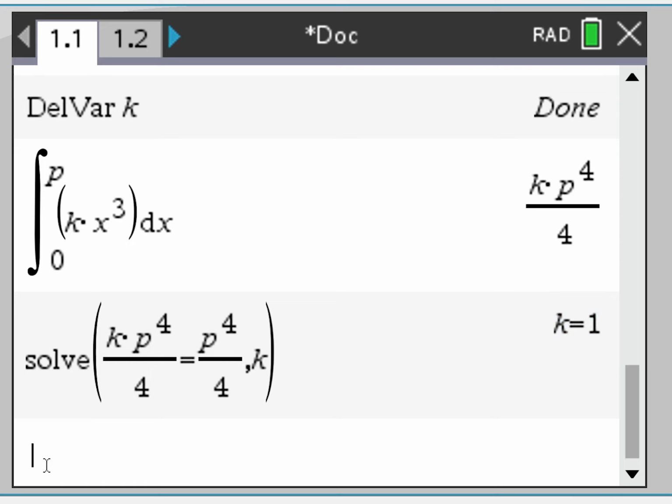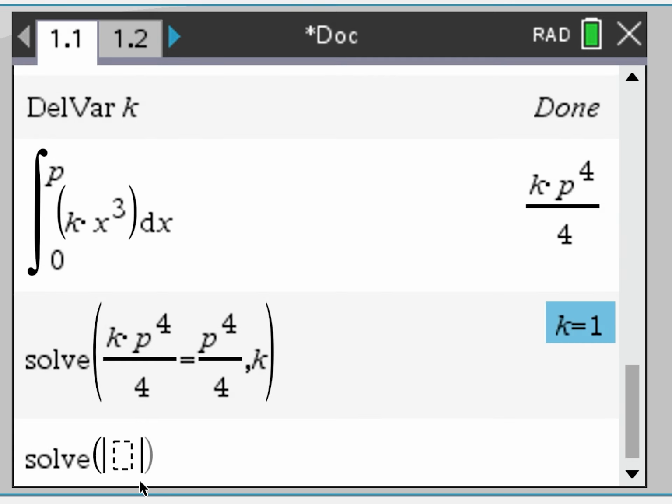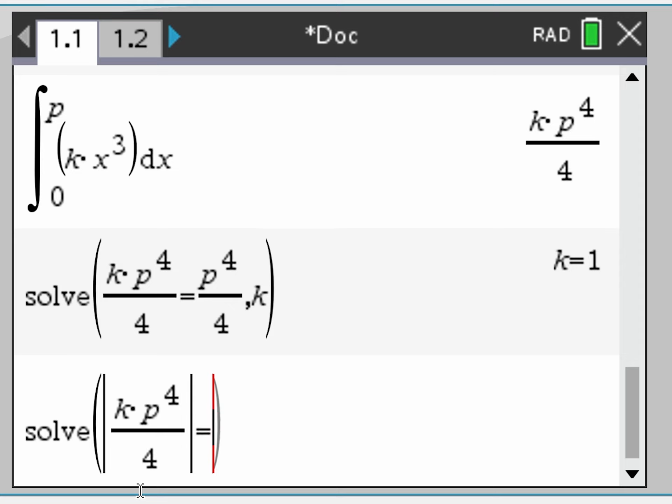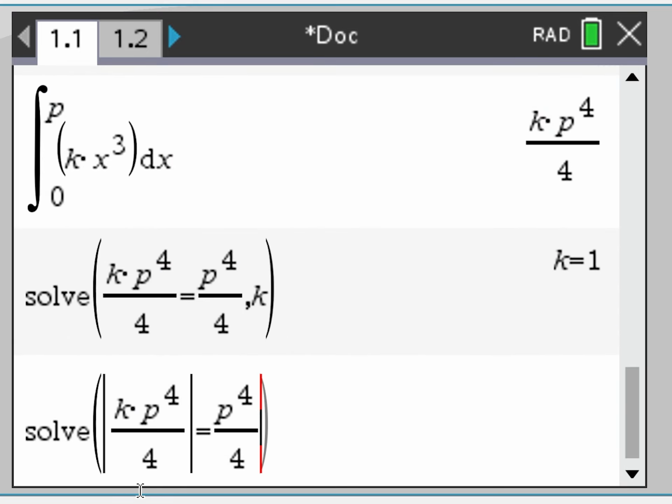It's not wrong, but we are looking for the magnitude, okay? This is the magnitude of the area. This is the total area, okay? So what we have to do is something similar, except here we have to go back here and put the magnitude sign. And that equals p to the power of 4 on 4, basically.